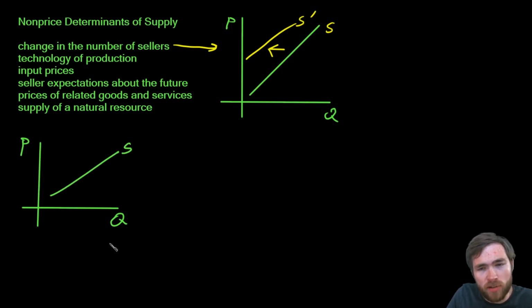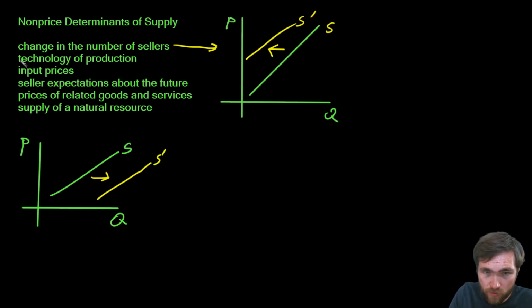And let's suppose that the technology of production of bikes improves so that we can produce bikes more cheaply. So as a result, we're likely to expect that more bikes are going to be produced. So this supply curve should shift outward. And we're assuming that the technology of production gets better. And here we're assuming that we're getting fewer sellers.